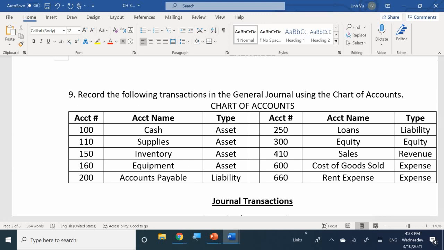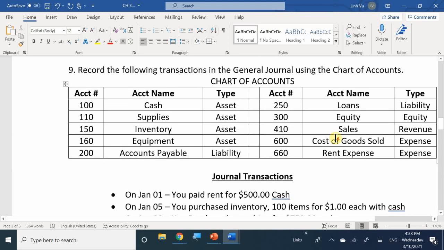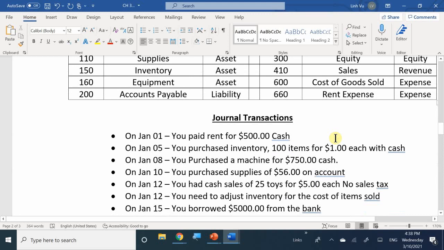It tells you what the account type is, in order based on account type, so you have your assets first, liabilities, and so on. Let's practice utilizing the chart of accounts and the 7 steps of transaction analysis.